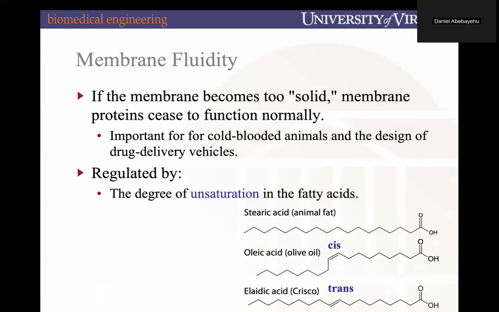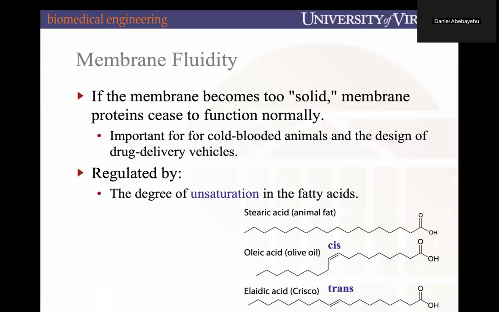Because if we took a moment to think about if all of the phospholipids in our cell membrane and our phospholipid bilayer were all comprised of stearic acid, that would potentially be a problem because the degree of order and crystallinity of that fatty acid would be such that there's no movement available at all.